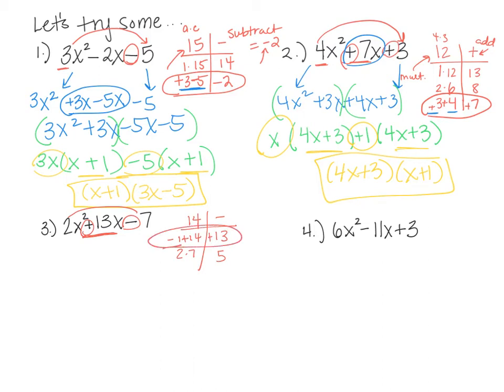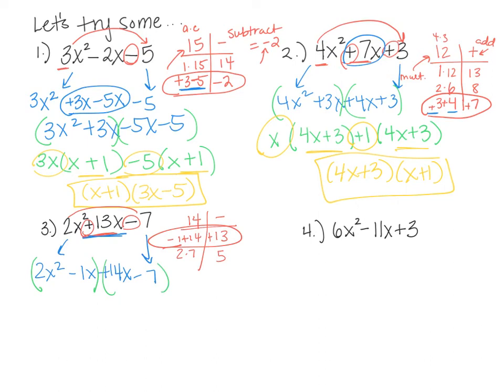Okay, I'm going to rewrite my expression, keeping that 2x squared and that minus 7, replacing that middle term with my negative 1x plus 14x. I'm going to group these together, group the first two, group the last two.